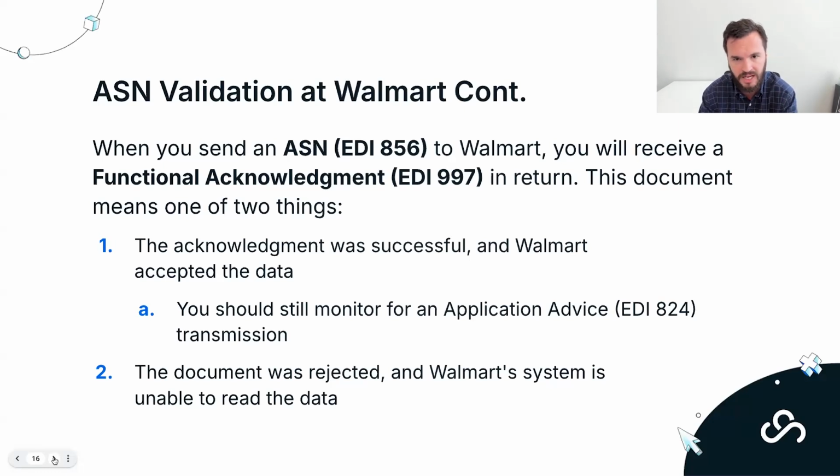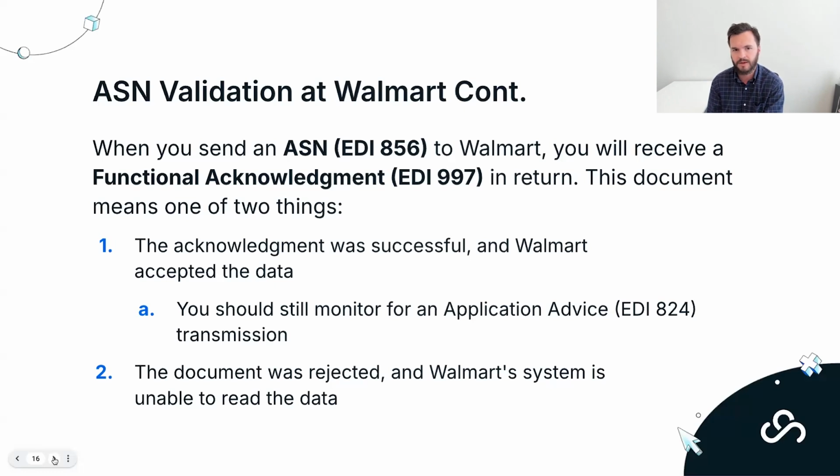You can also get an EDI 997 that is functional not acknowledgement, where we're functionally rejecting this. The language we've used here is that the document itself is rejected and Walmart's system is unable to read the data. So the advice that I would give is to think about it a little bit.